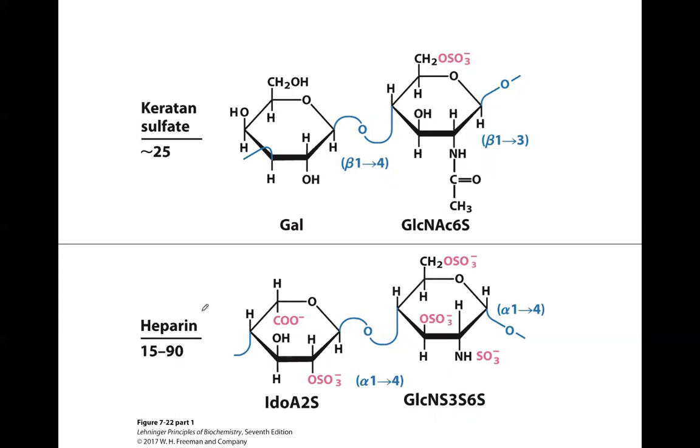Anybody knows what heparin is used in medicine for? Heparin is a drug, right? It's again a polysaccharide, but it's a drug. It's injected into the bloodstream when somebody has a possibility for blood clot formation, or somebody has a blood clot already formed, right?